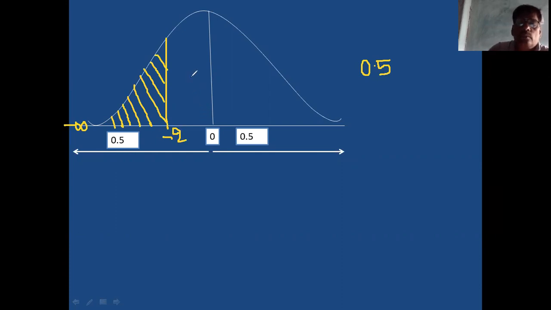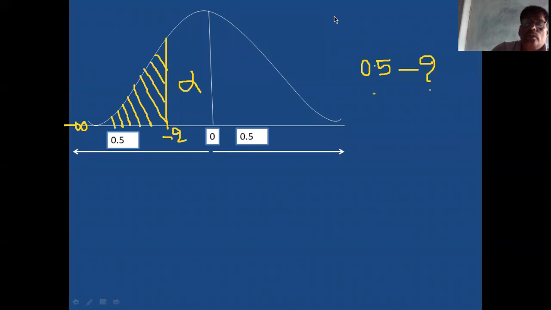In that 0.5, the not required area is this. You deduct this area. You see the table, the normal distribution table, and what is the value of 2? That you deduct from 0.5. Whatever answer comes, that is the area. Remember this. How to find out the area? Clear?